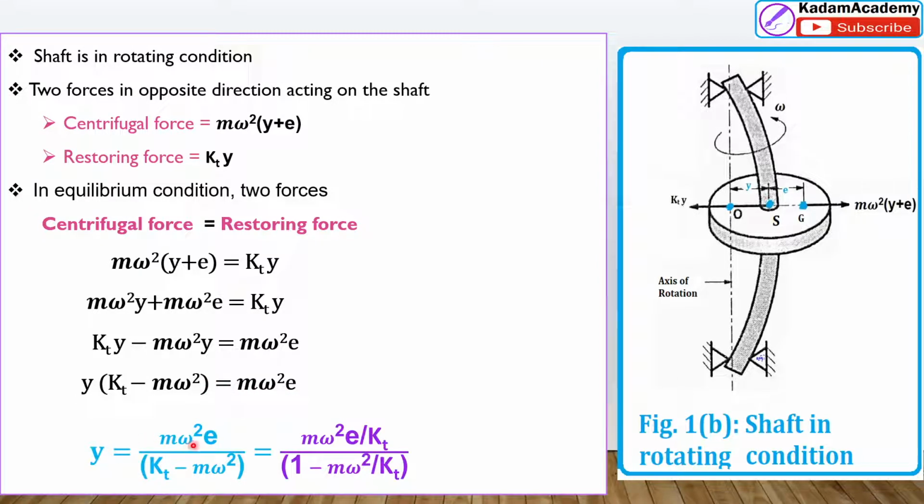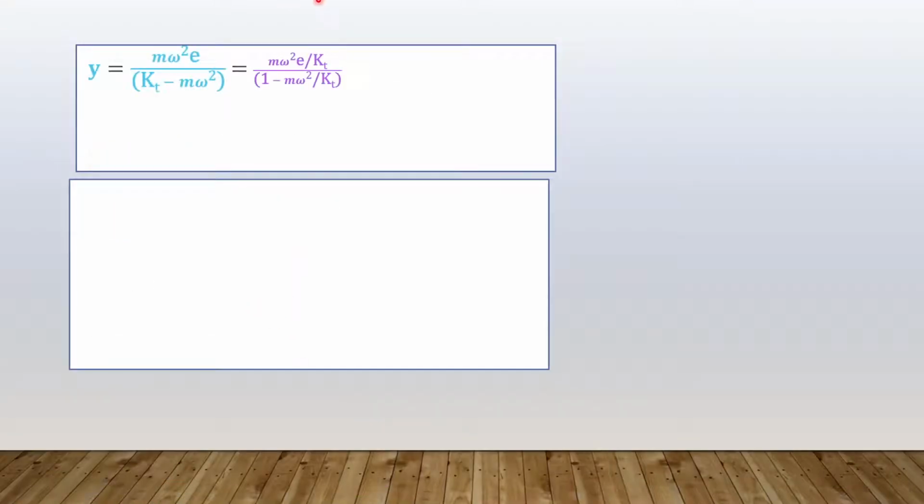So y is equal to m omega square e upon (kt minus m omega square). That's what I have done in this case. This color is different. Why? Because I have taken kt common, and divided by kt on this side, so m omega square e upon kt. Why are we doing this?